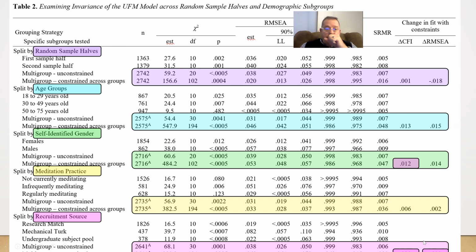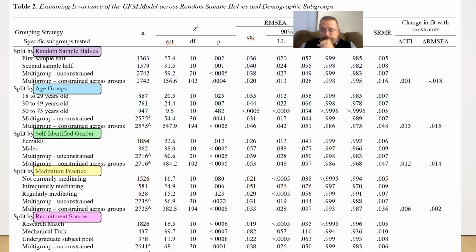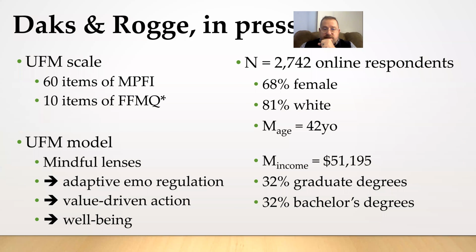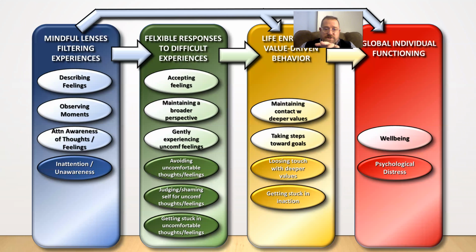But generally, these results suggested that our model was consistent across genders, across ages, across meditation groups, and was replicated in two random sample halves.